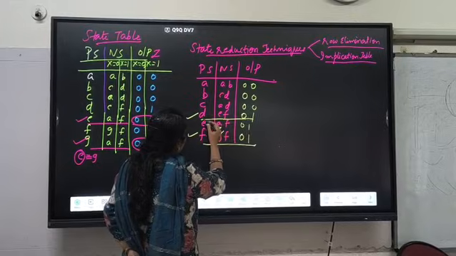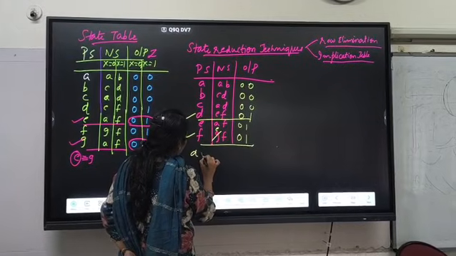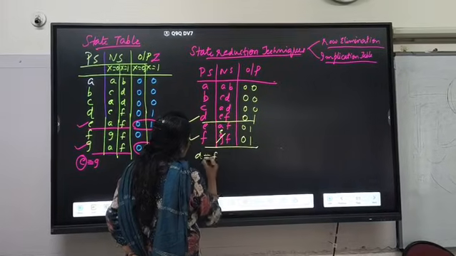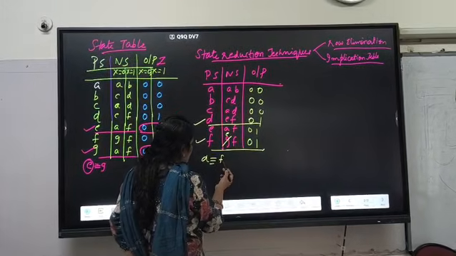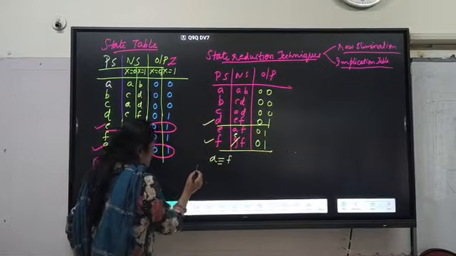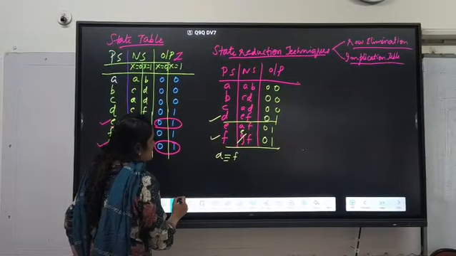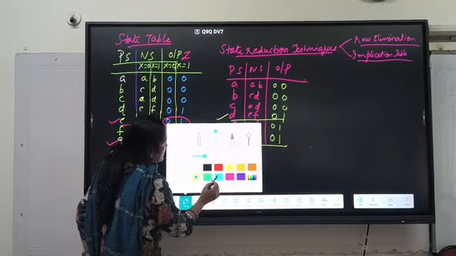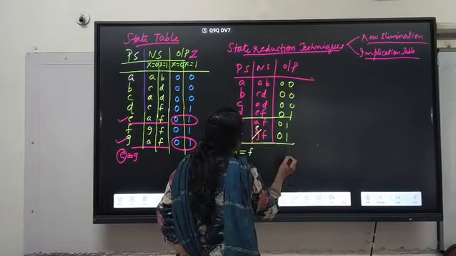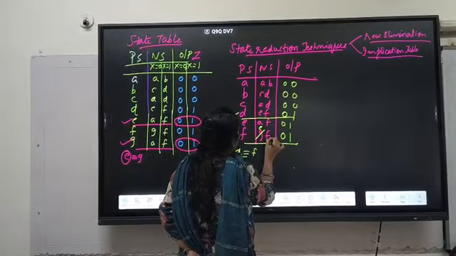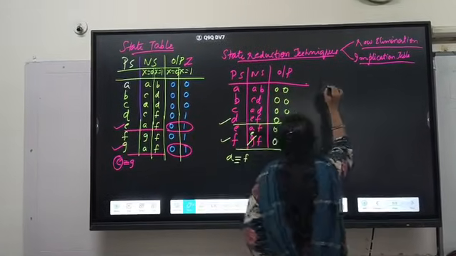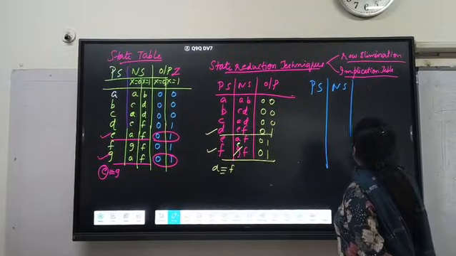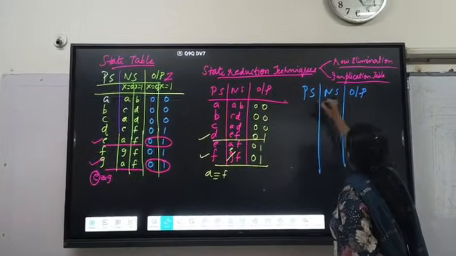So D and F are equivalent. So wherever I have the occurrence of F, I can replace it with D. I will draw a new table only so that you don't get confused.